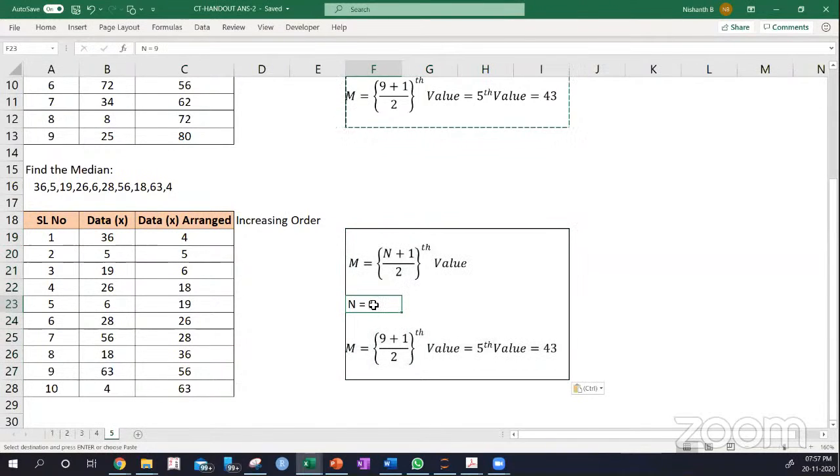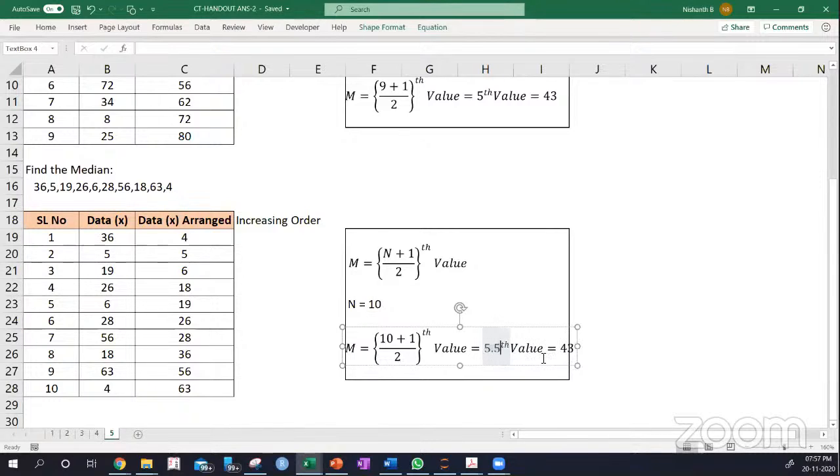So here I have 10 values, and the median position will be 5.5.